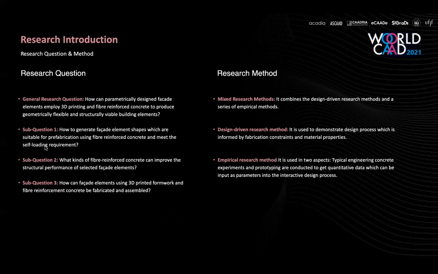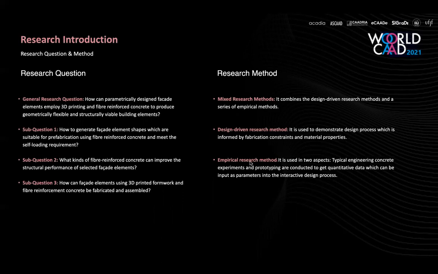The sub-questions are respectively based on the design, material, and fabrication aspects. Accordingly, the research used a mixed research method. Design-driven method is used to demonstrate the facade form language design process.